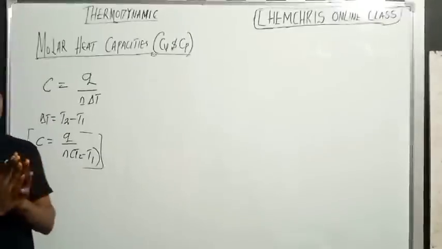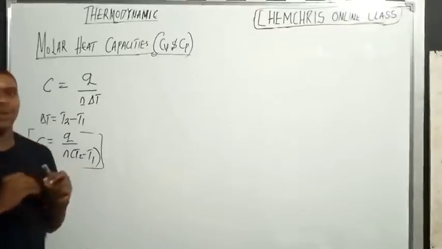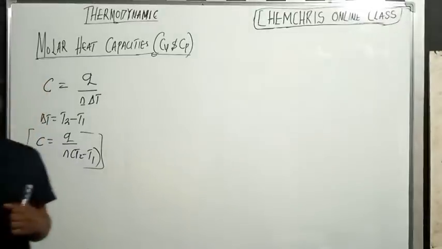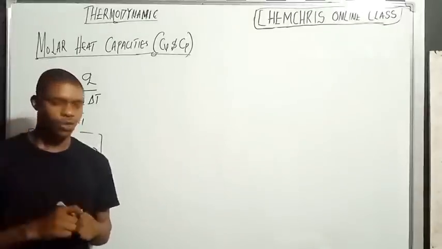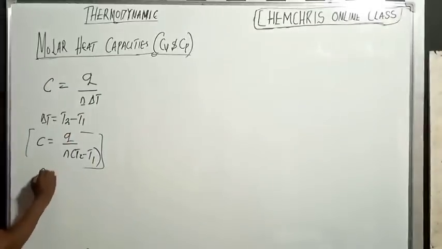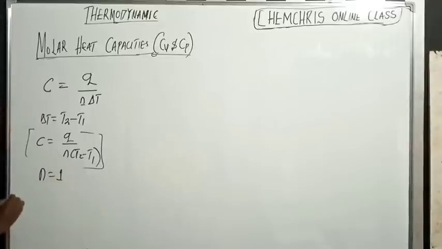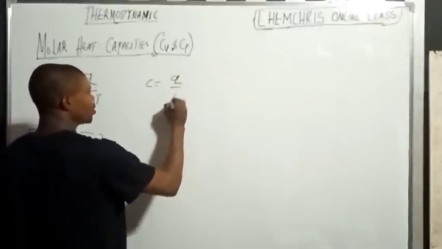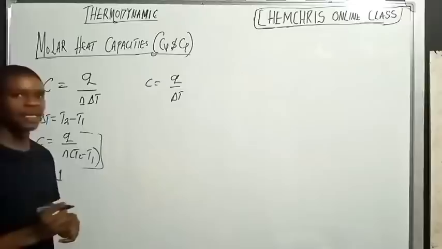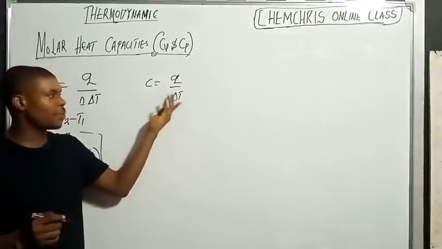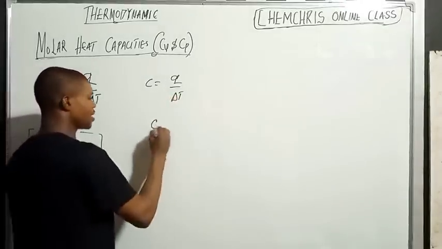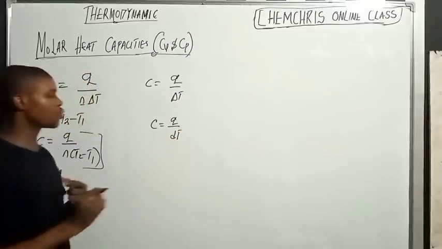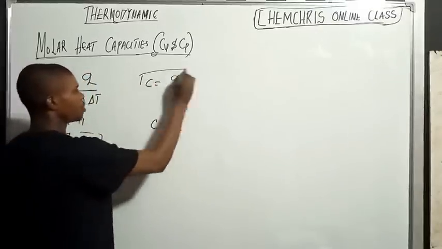Now, if you want to solve this kind of problem, you assume N to be 1. That is, the mole of the system is always 1. Do you understand? So you can just say let N equal 1. If N is equal to 1, then here we have C equals Q over change in T. Most times it can also be written like C equals Q over change in T. Two of them are the same thing here.